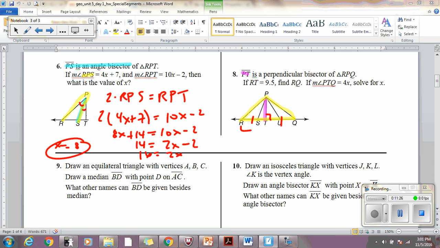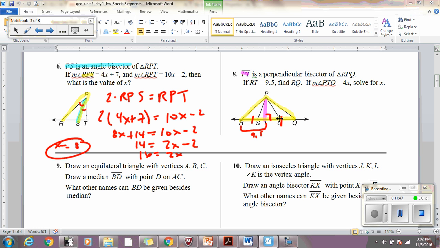So from R to T, it says it's 9.5. And it also tells us that PTQ is 4x. It would like for us to solve for x.